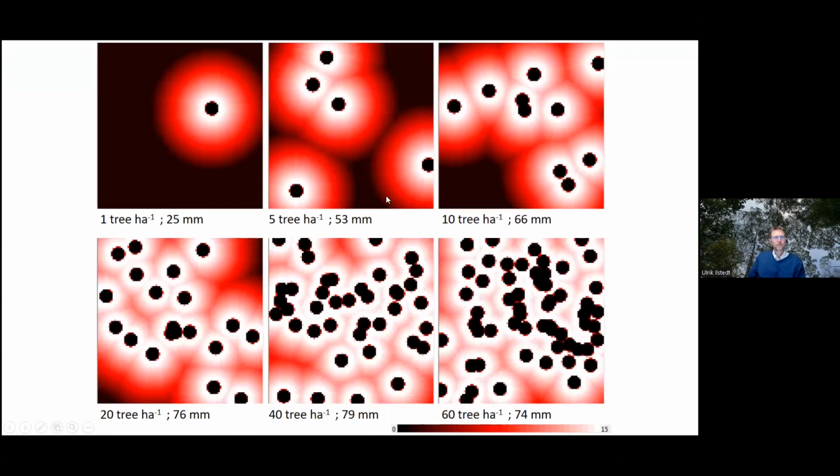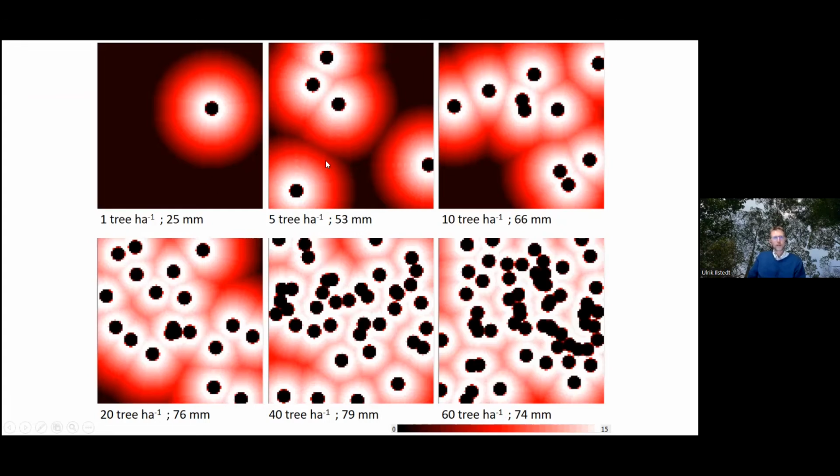What you see here in 2 dimensions are modeling experiments where we put different numbers of trees, and the trees you can see as black dots because there was no water coming down. So black is no water or little water, and white is more water, and then the more dark red is less and less water.